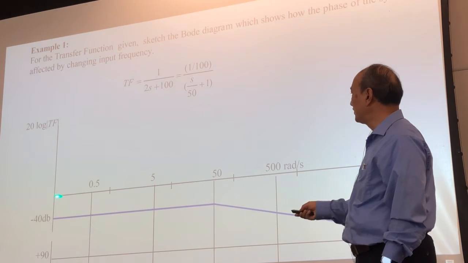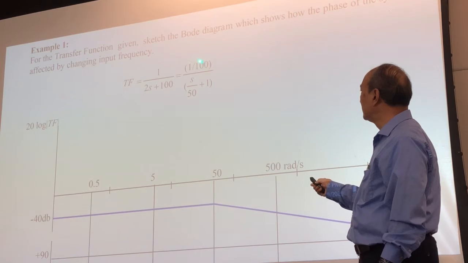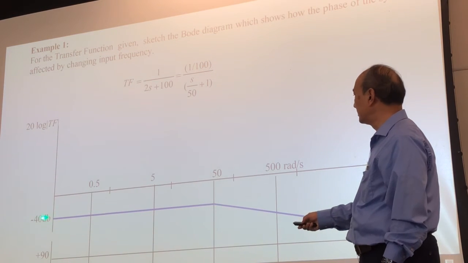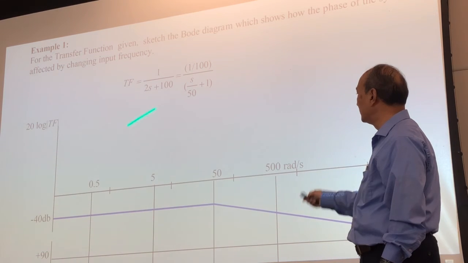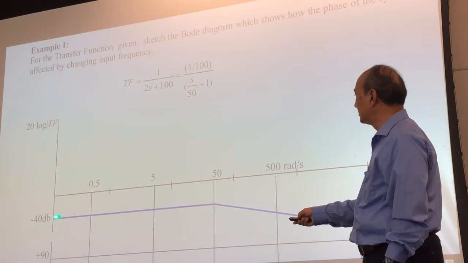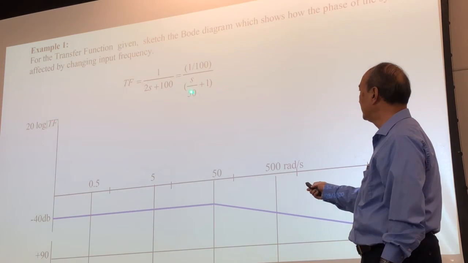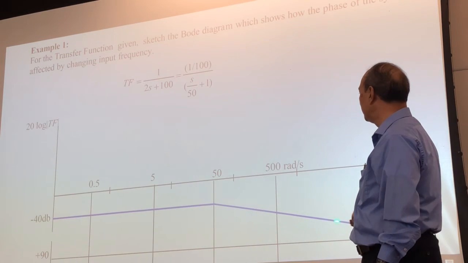Below 50 is all 0, but I have a minus 40 dB here. So starting instead of from 0 dB, if I don't have this one, it's only 1, then it starts from 0 dB. But this is 0 dB minus 40 dB, so I start from minus 40 dB until I hit omega is 50. At this point, I go down. So this is my magnitude.